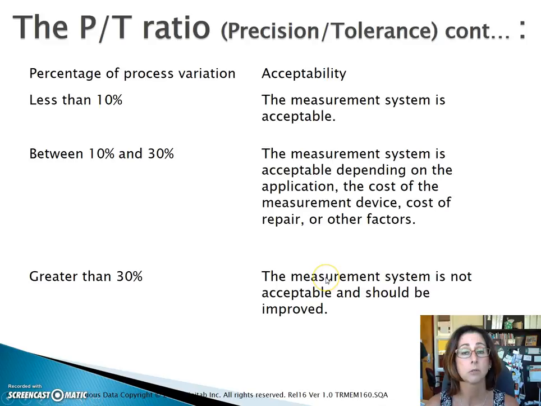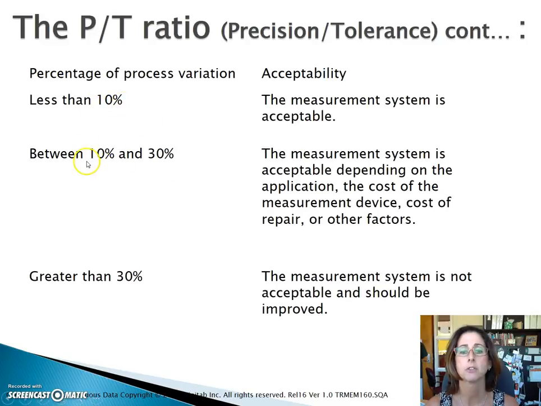The problem with the measurement system could be a result of the tool itself, which would be the case in the example we just did, or it could be a result of the operator, something happening with the operator. So what this is saying is, of the range of variability that the customer is willing to adhere to, if the measurement system makes up less than 10% of it, then we're good to go.